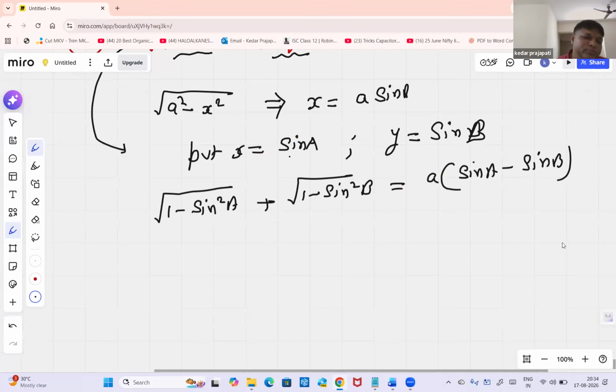See, all these questions are formula based. Now you will think, what is this? This is 1 minus sine square theta, which is nothing but cos square theta.